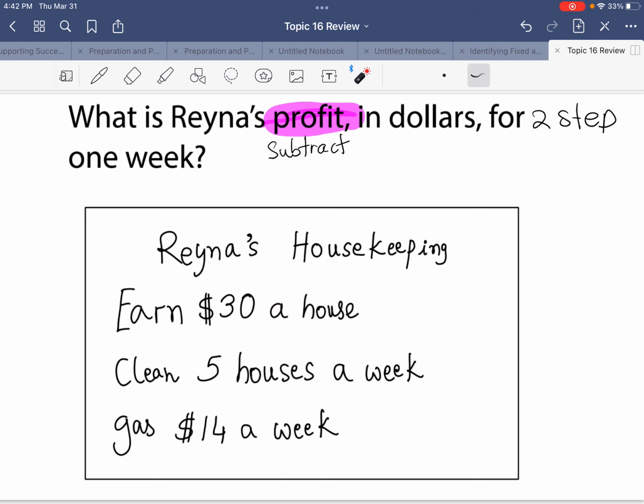So, Rayna's housekeeping. She earns $30 a house. So that means for one house, $30. That's what she earns when she cleans it. She cleans 5 houses a week. Okay?